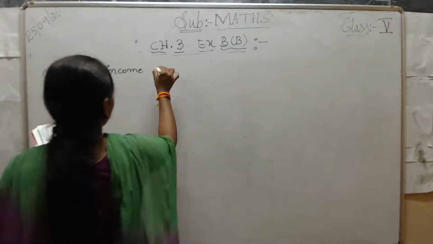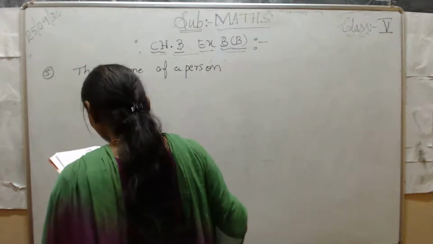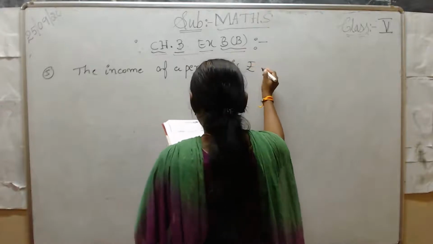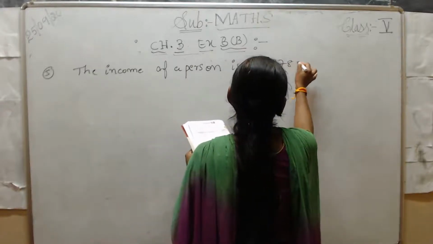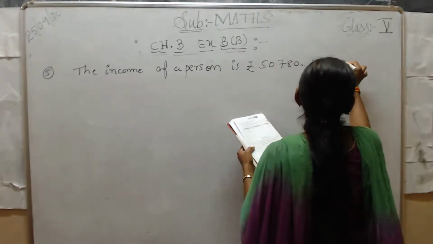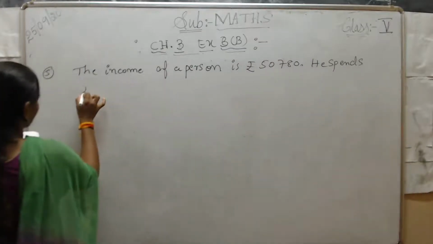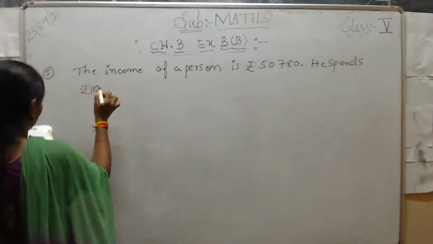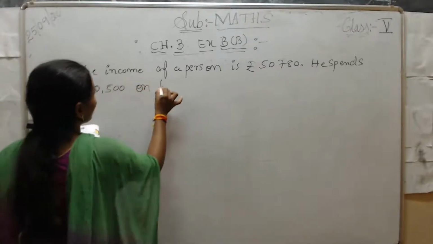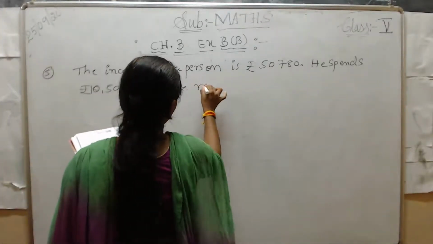The income of a person is 50,780. He spends first 10,500, because he spent that amount on house rent.